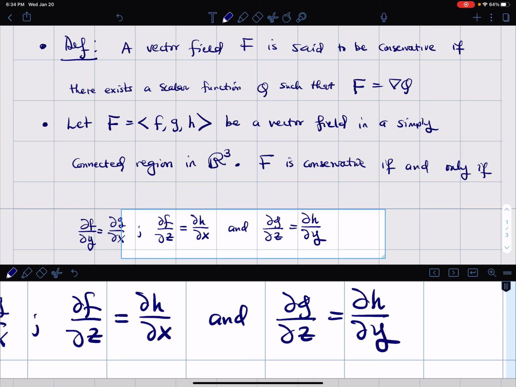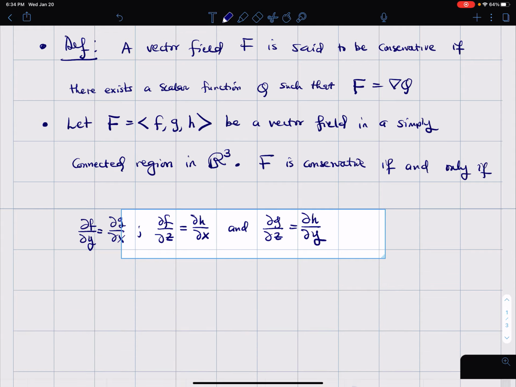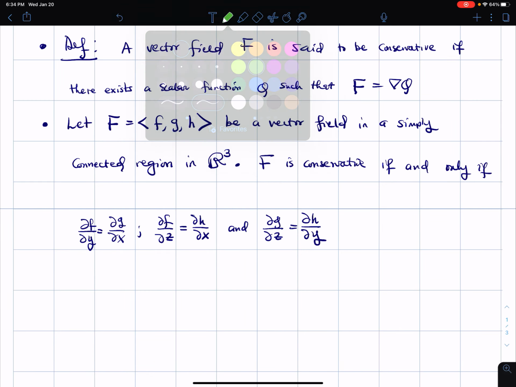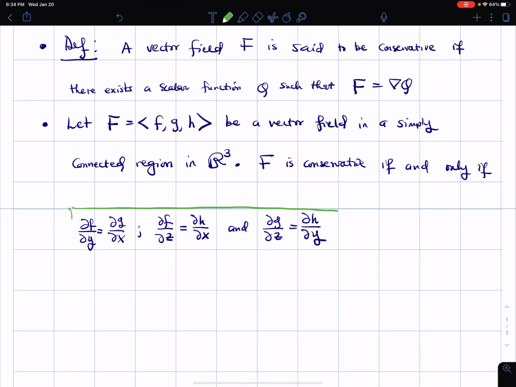All right? So this is the condition for being conservative. And I'm going to explain this with an example. Don't worry.